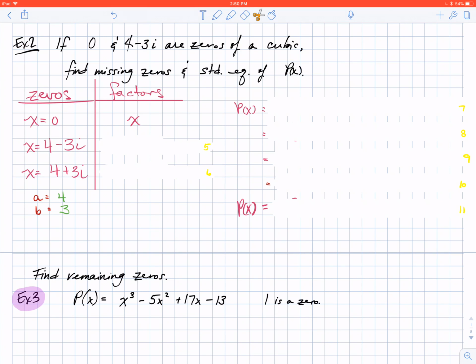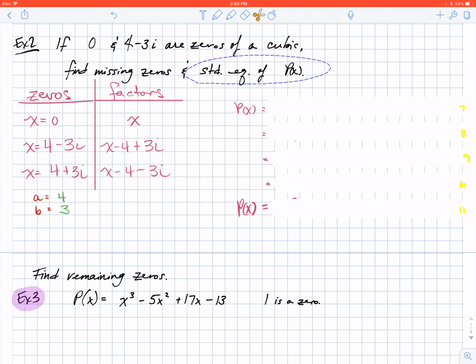And so when I move the 4 over, when I move the 3i over, it's going to turn into x minus 4 plus 3i. Same thing with the next two. So take your 4 to the left, take your 3i to the left, and you're going to end up with x minus 4 minus 3i.